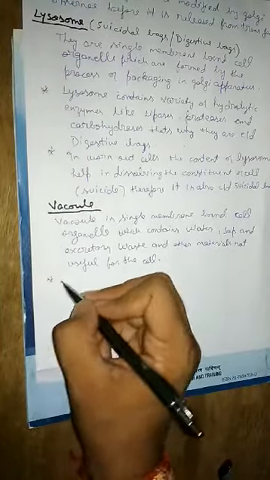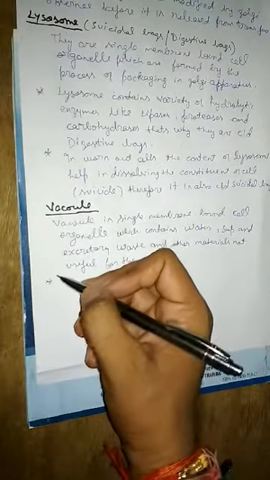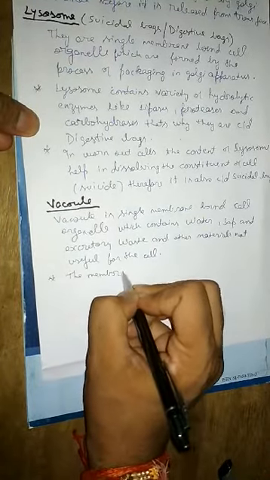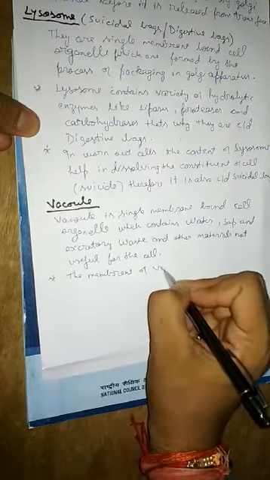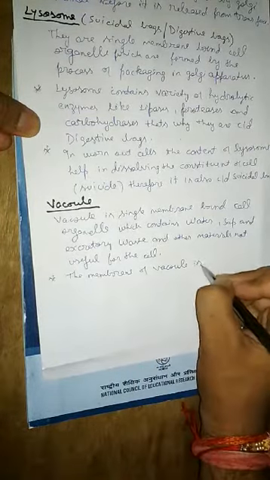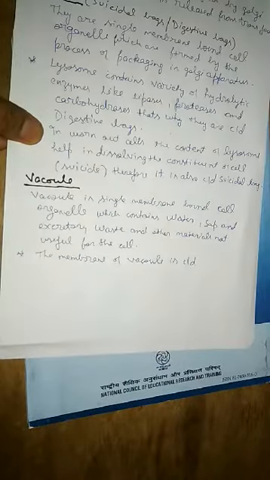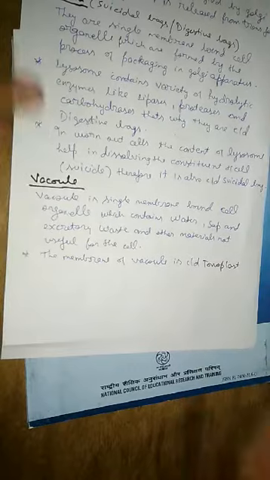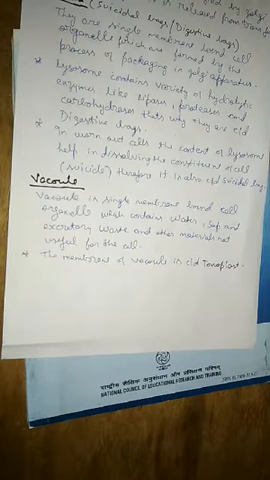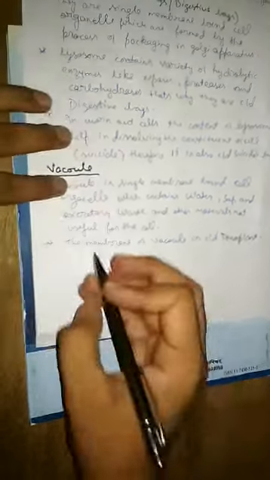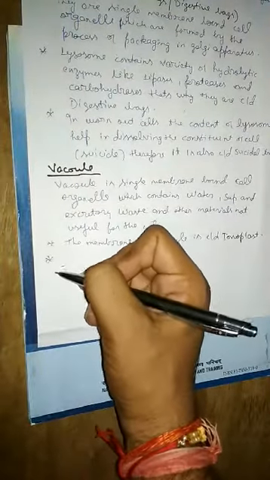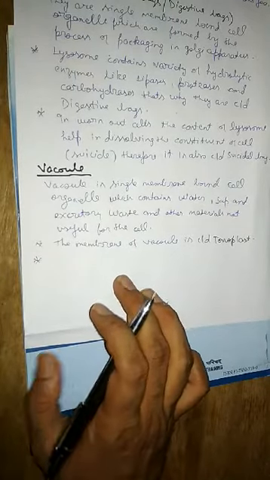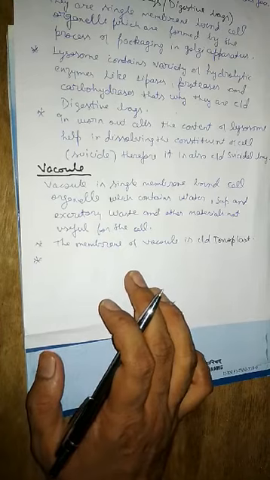Clear? Then I told you the membrane of this vacuole is very special. The membrane of vacuole is called, and this name is very important, tonoplast. So it is called as what? Tonoplast. Then one more important aspect of vacuole I told you. In the case of plant cell, this vacuole is very big and it may occupy around 90% volume of the cell.